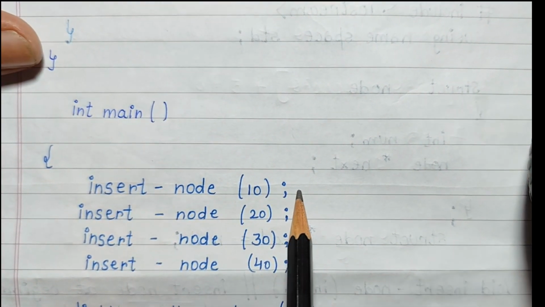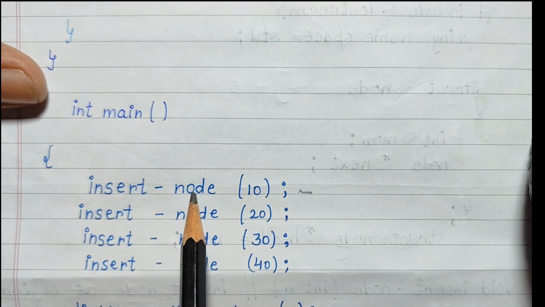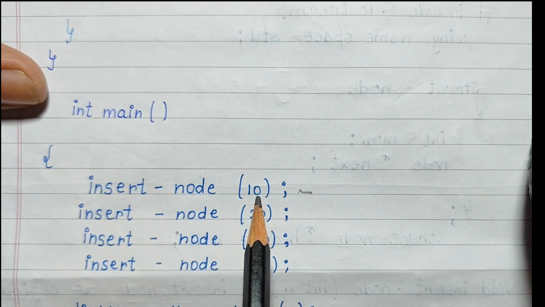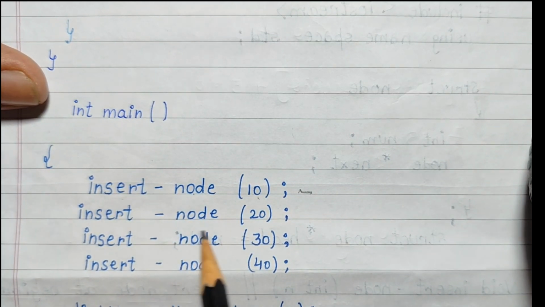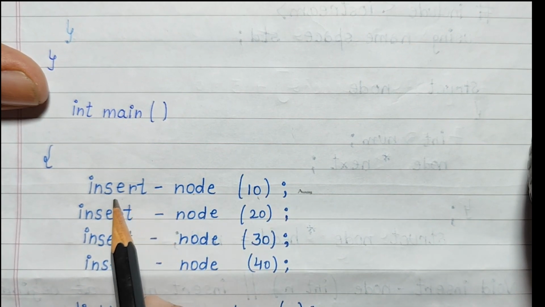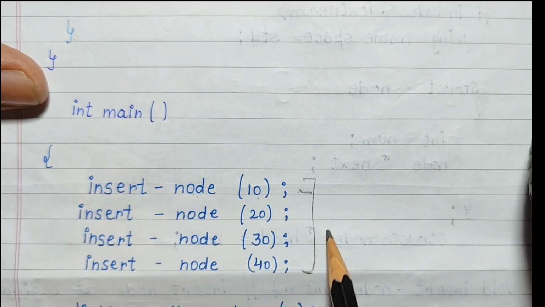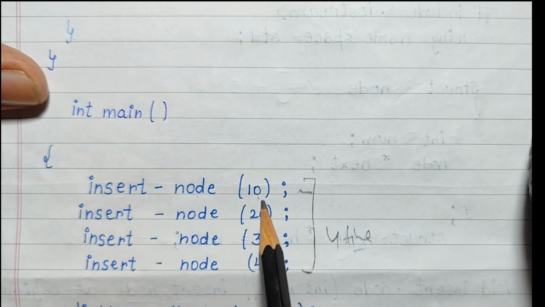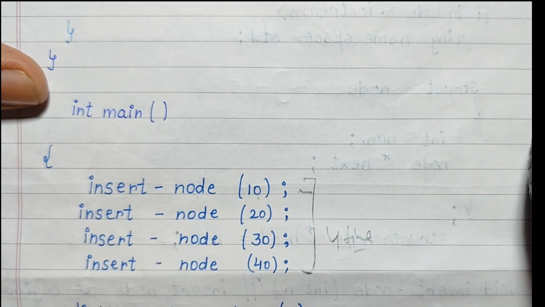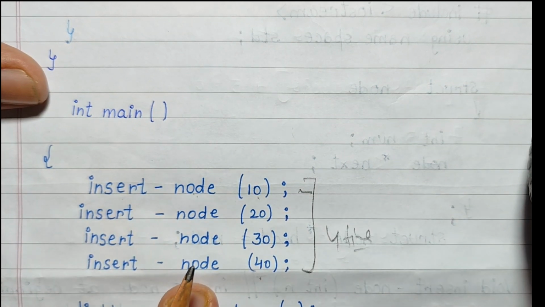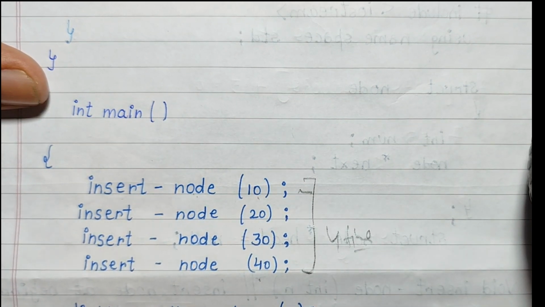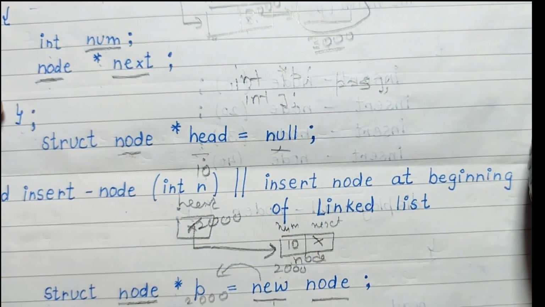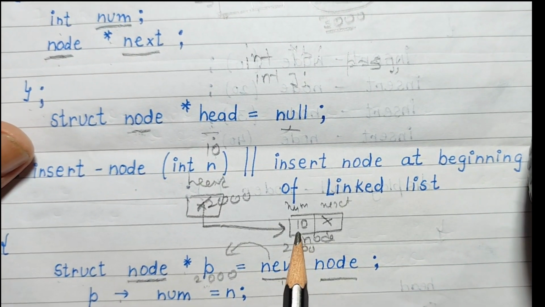I call the insertnode function, first for the value 10. Now I am calling this insertnode function 4 times, because I am inserting 4 nodes: 10, 20, 30, 40 are the values. Now I show you how these functions are called, and how the linked list is created by calling them. At the starting time, the value 10 is passed.